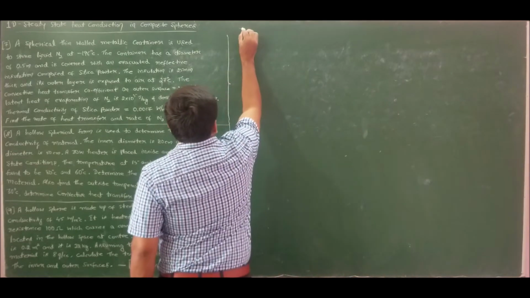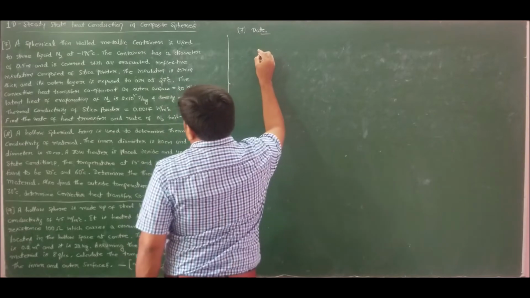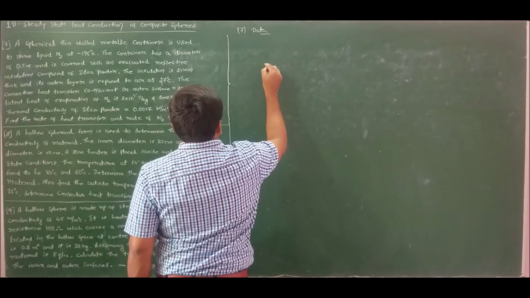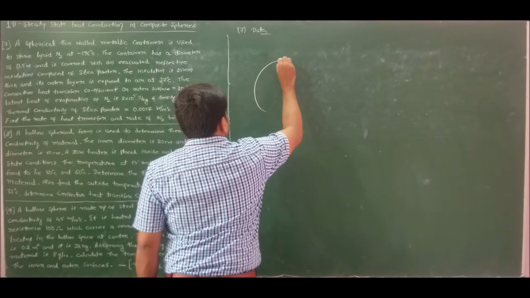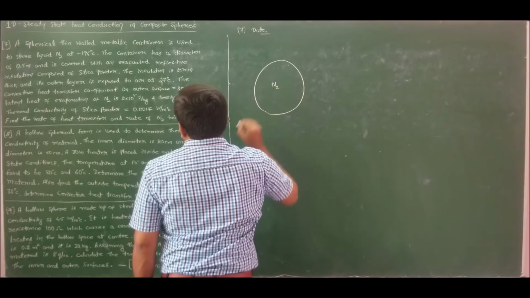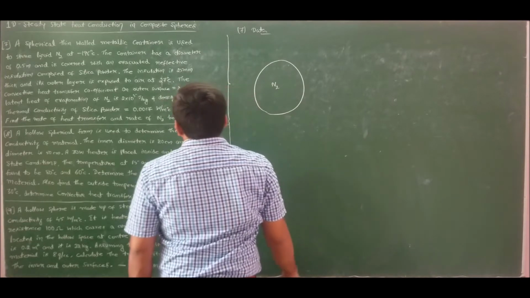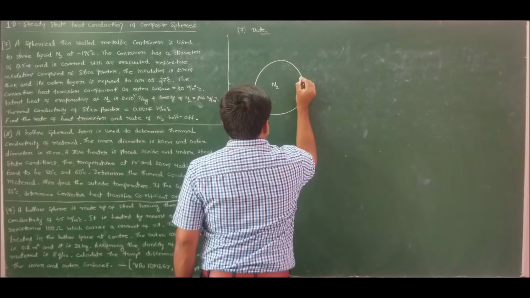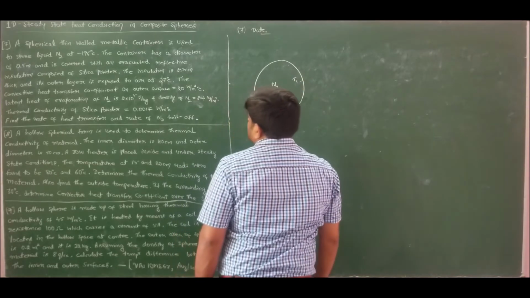If we list out the data given for problem number 7, we have a spherical thin-walled metallic container which is used to store liquid nitrogen. We have liquid nitrogen inside which is at minus 196 degrees Celsius. So let us take the surface temperature as minus 196 degrees Celsius.